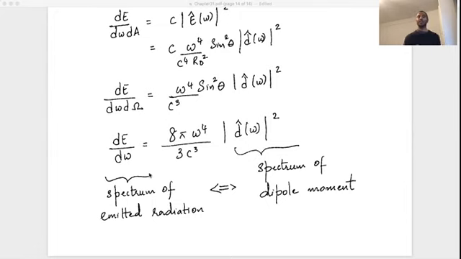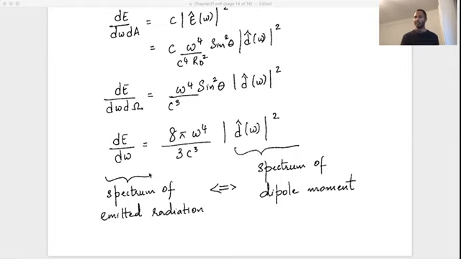So what this is telling you is that in the dipole approximation, whatever spectral content is there in the movement of charges, the same spectral content is there in the radiation they're emitting. And just to remember, this only applies to the dipole approximation. If we don't make the dipole approximation, all of this falls apart.